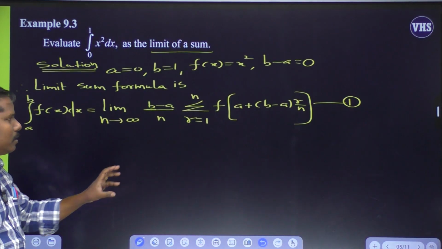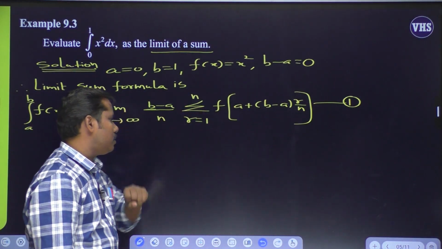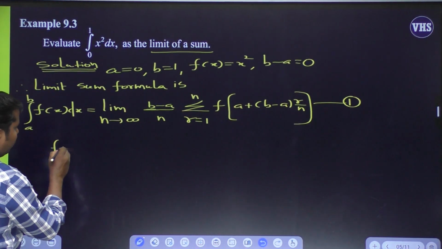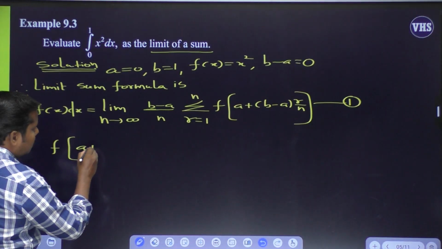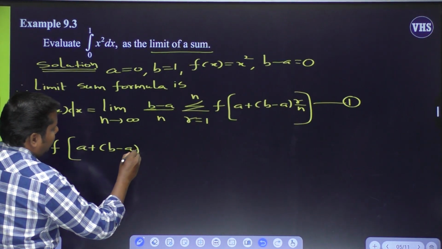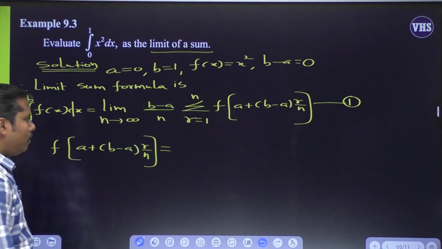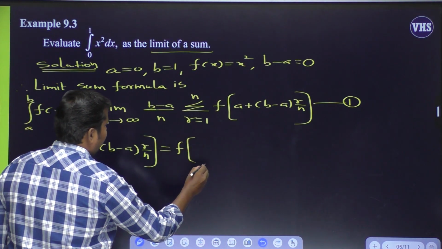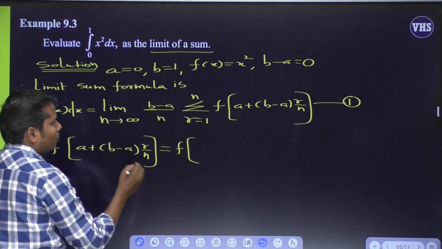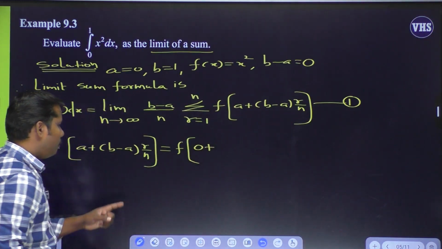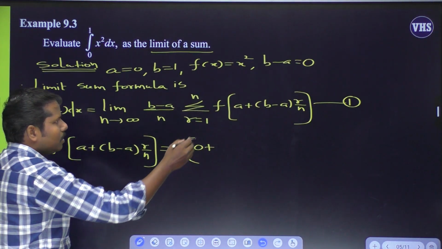Now let us calculate the f of this value. Consider f of (a plus (b minus a) into r by n), which is equal to f of, what is the value of a here? 0, plus b minus a. What is the value of b minus a?